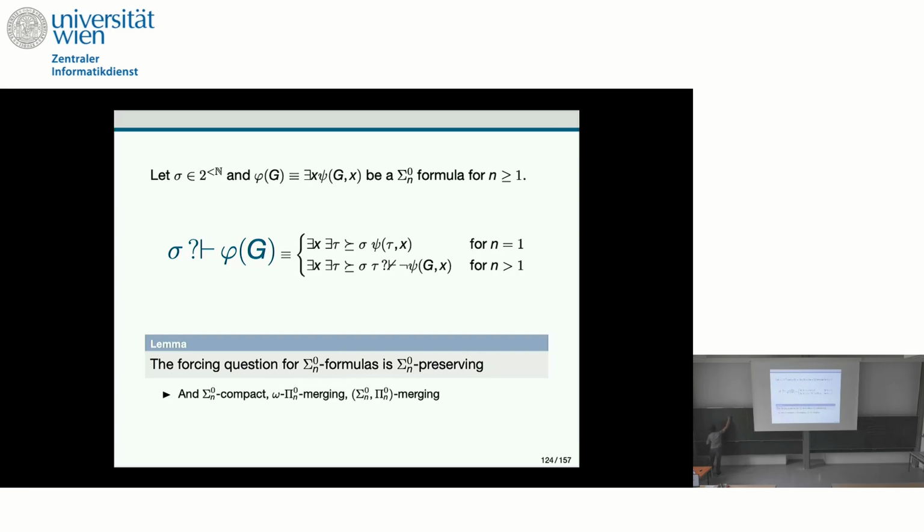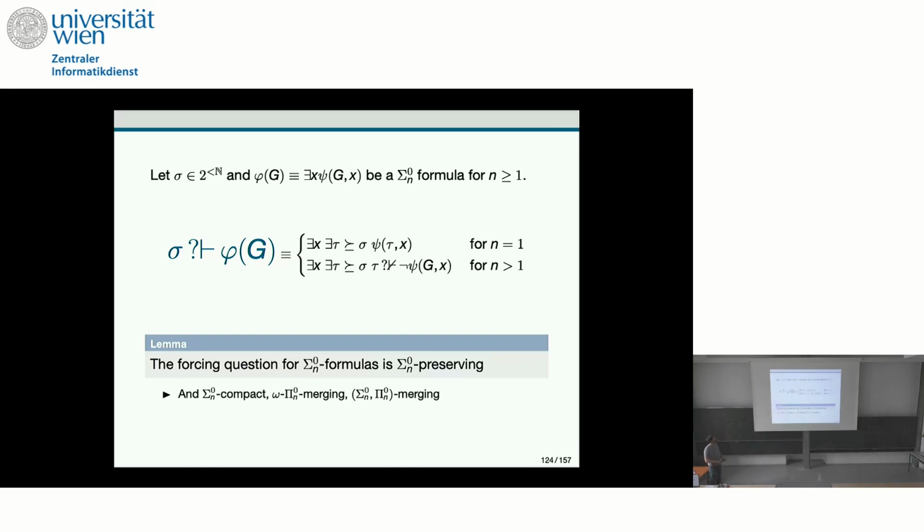You define it as: is there some q which extends p, and some x, so that q does not force the negation of phi of g, x? Okay, so that's the natural inductive definition of the forcing question.